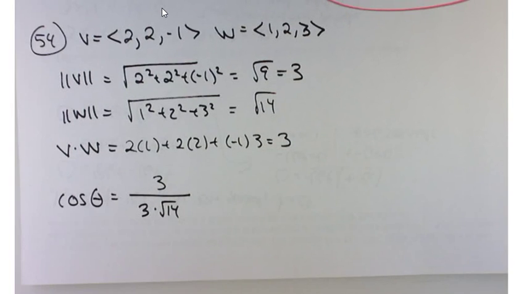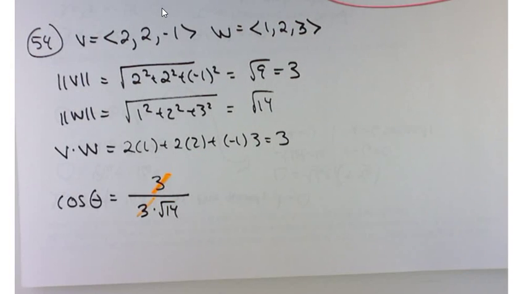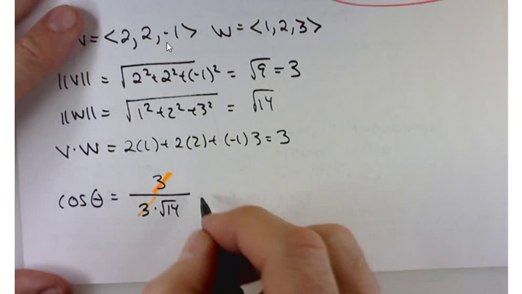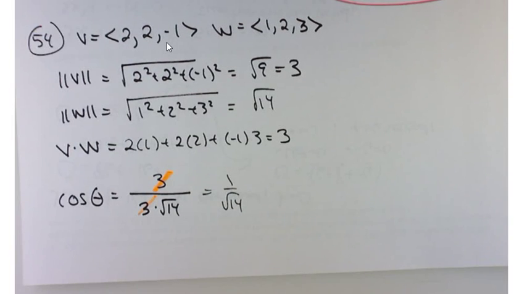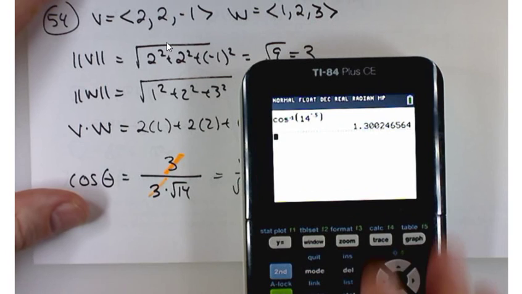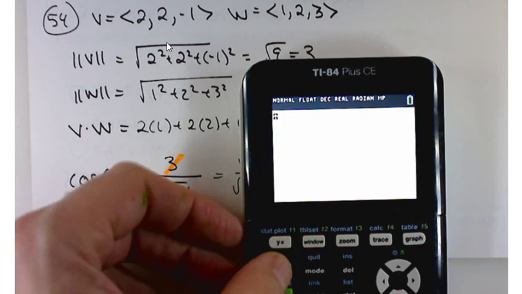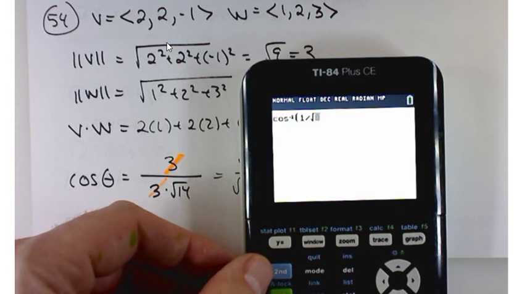Before you go plugging this all into your calculator, do yourself a favor. Cancel out that common 3. Cosine of theta is going to equal 1 over the square root of 14. There's no bonus points for rationalizing it. You could write it as root 14 over 14, that's fine. But basically, you want the inverse cosine of 1 divided by the square root of 14.